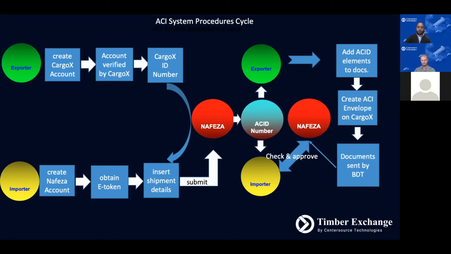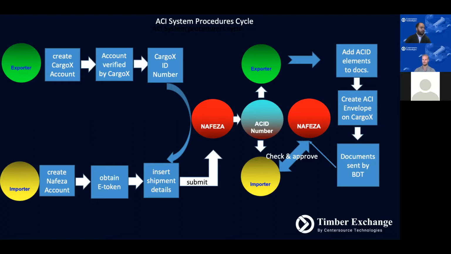Once your account is verified, you will receive a CargoX ID number, which is very important for the ACI filing, as we will see. Simultaneously, our importer is working by creating a NAFISA account. The second step for our importer is to obtain an electronic token with the electronic signature.